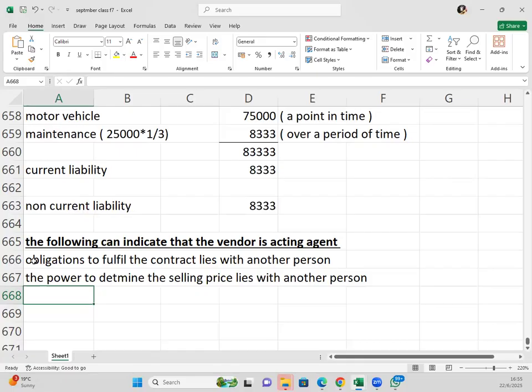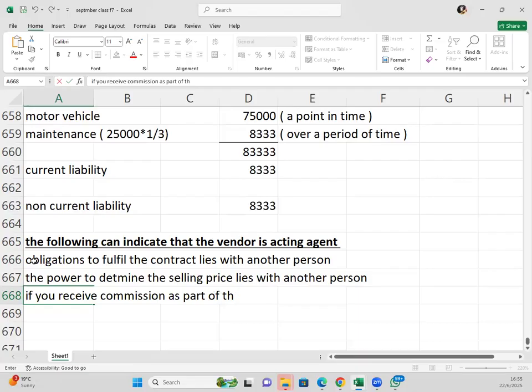So as an agent, you don't recognize all the sales, you just recognize your commission. If you receive commission as part of the consideration.